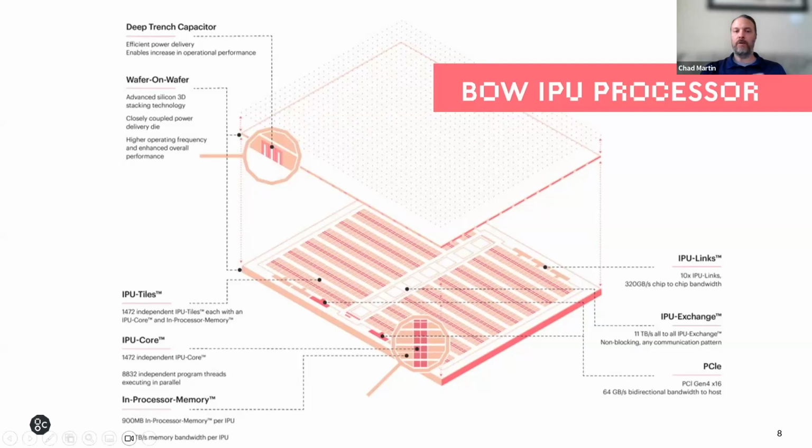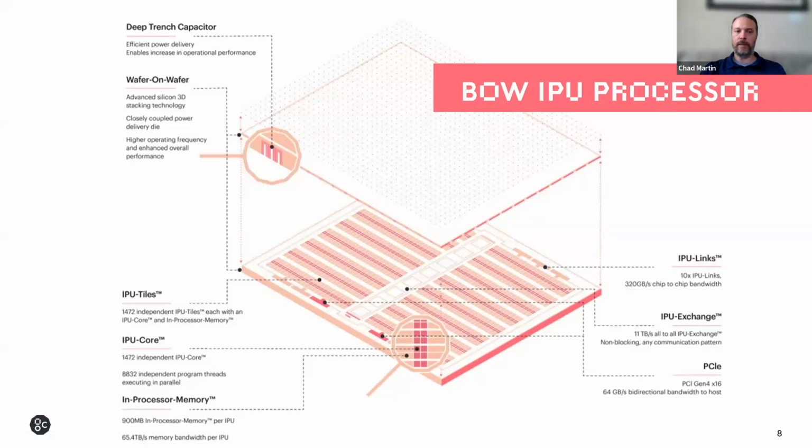And then during that exchange phase, when one core finishes and its output is needed by another core, there's an IPU exchange that has 11 terabytes per second of total bandwidth available. So that gives plenty of communication for the data to flow within the processor and keep moving.